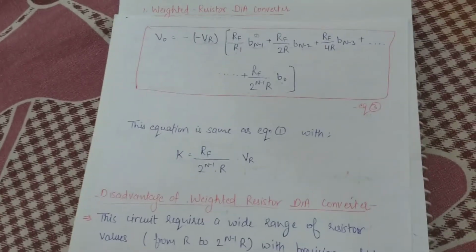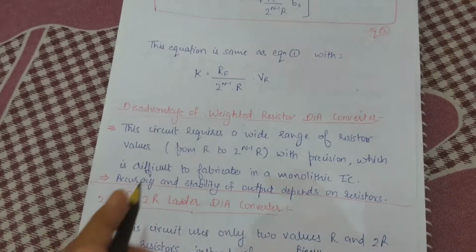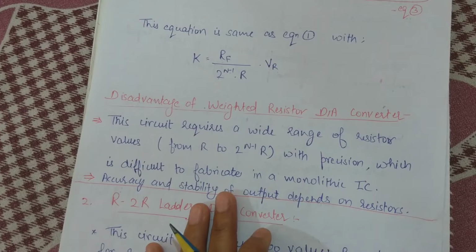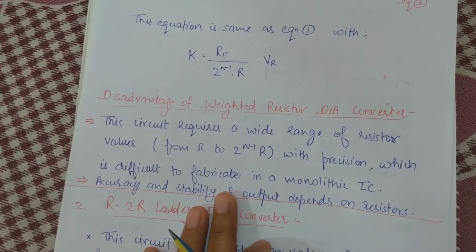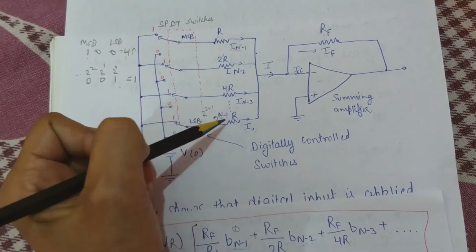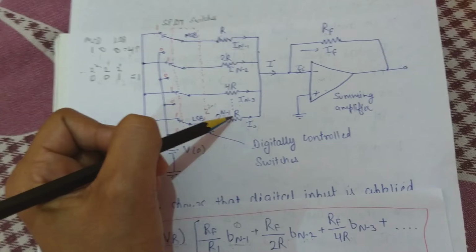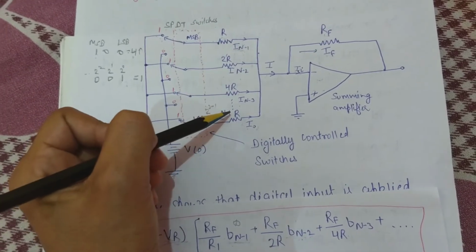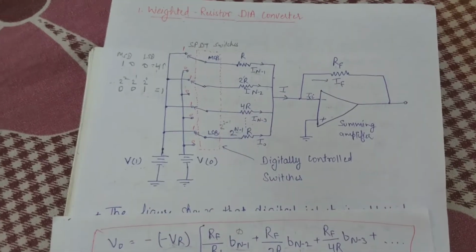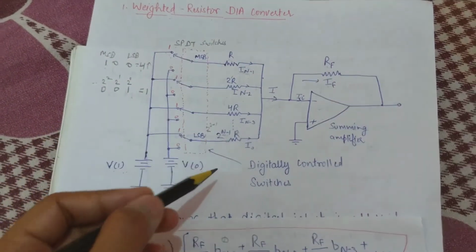Okay. Now what is the disadvantage of the weighted resistor digital to analog converter? The first disadvantage is that you require a large number of resistors for this. As you can see, as the number of bits in the input increases, the weight of the resistor also increases. And suppose you are designing an 8-bit digital to analog converter, then you will require 8 different resistors.